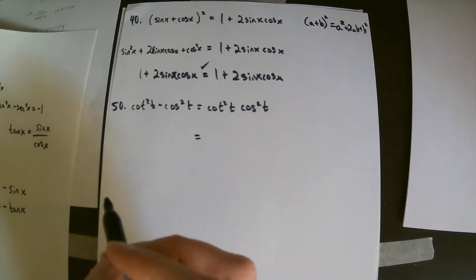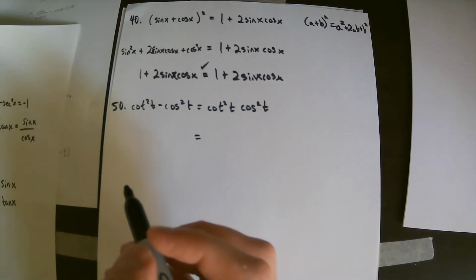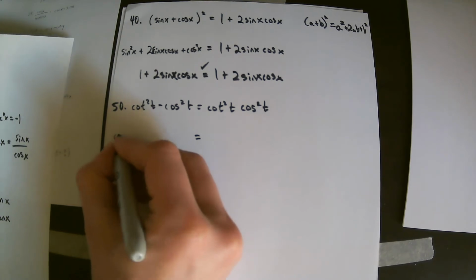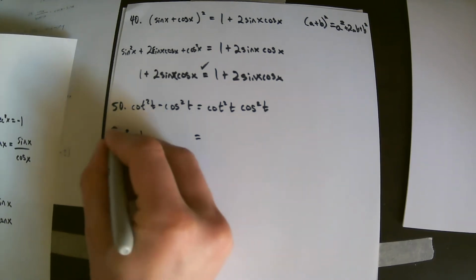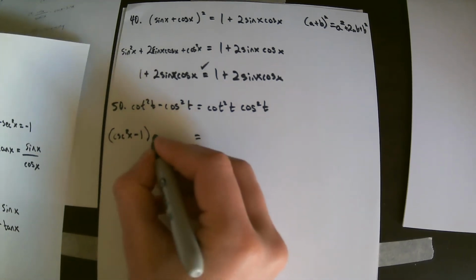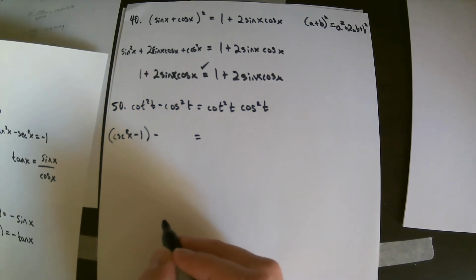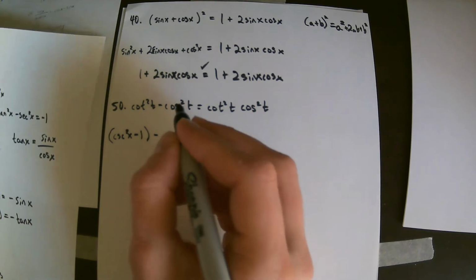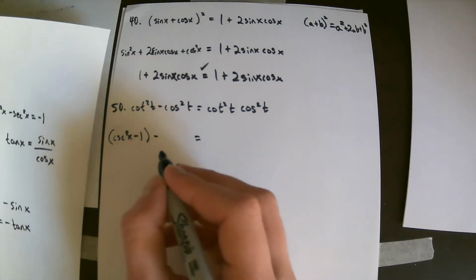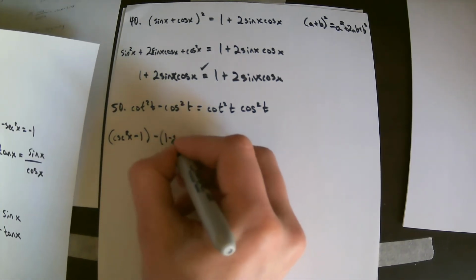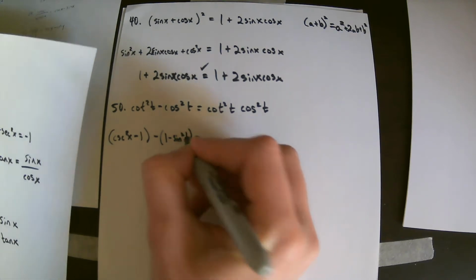So cotangent squared should be equal to cosecant squared minus 1. And then minus, I guess I didn't need those parentheses, but I will need them around cosine squared, because cosine squared should be equal to 1 minus sine squared t.